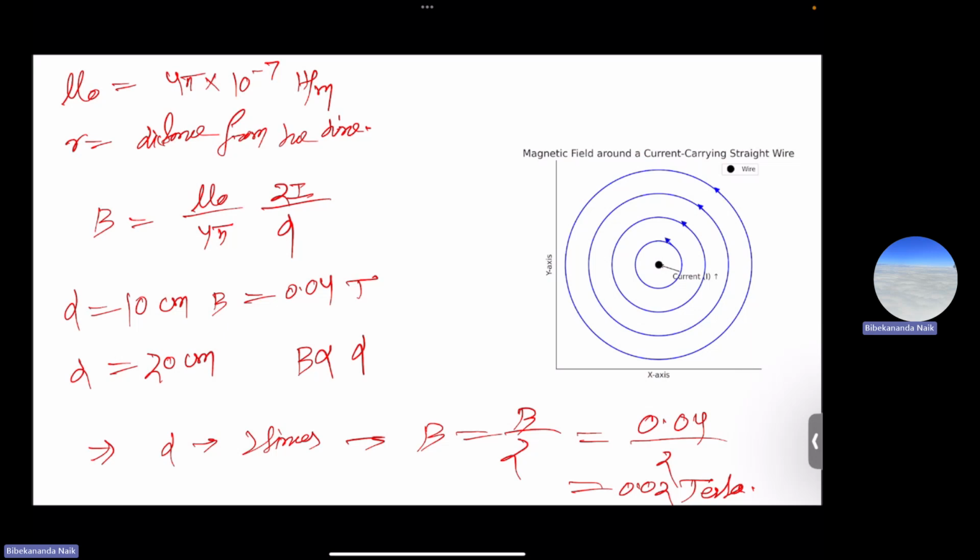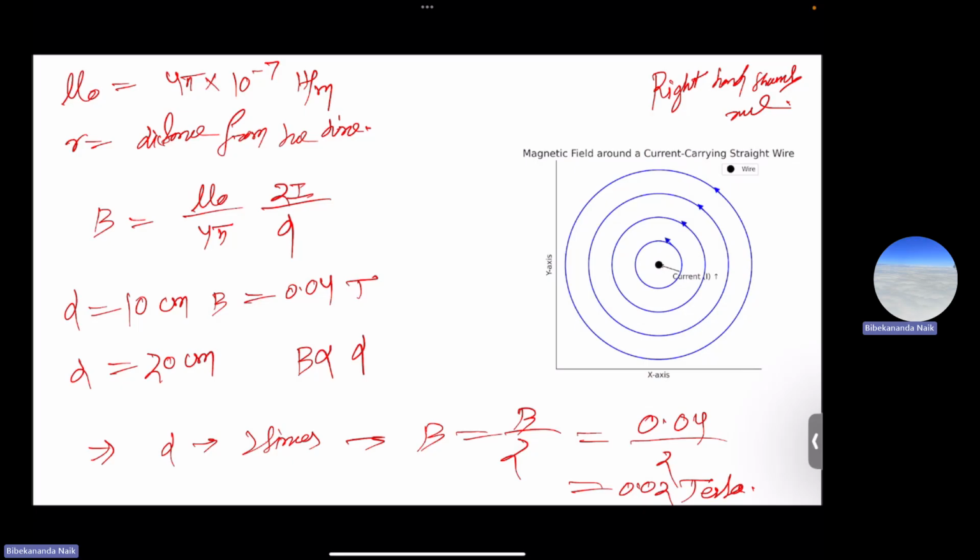Now let's discuss the direction of that magnetic field. The direction of the magnetic field is given by the right hand thumb rule. Make a fist with your right hand.